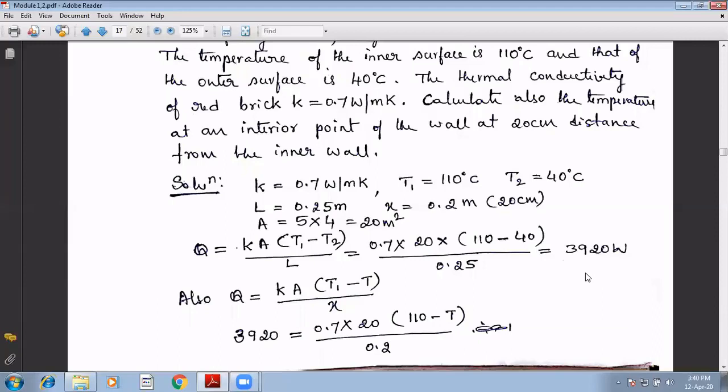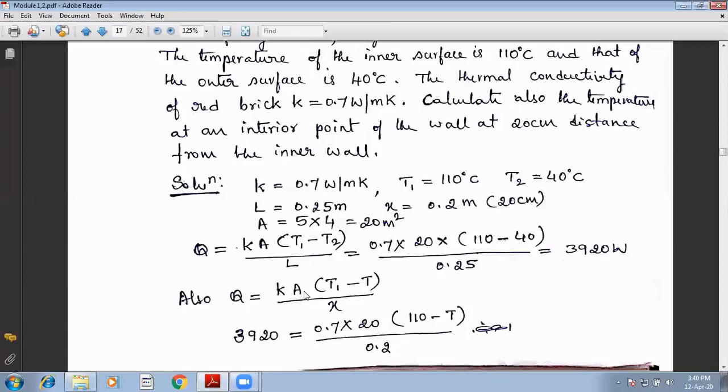Now the second question is, he has asked you to calculate the temperature at a point which is 20 centimeter from the inner surface. It means that at this point you have calculated at a thickness of 0.25. If this is 0.2, what is the T2 temperature? That is what the question is. Now Q remains same because it is steady state.